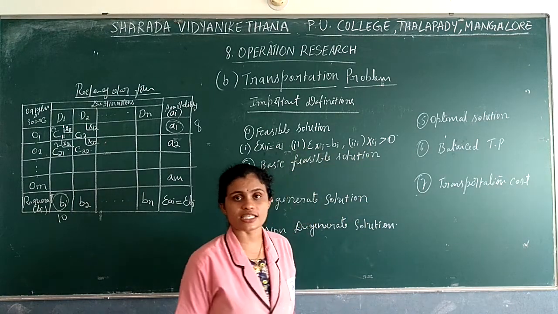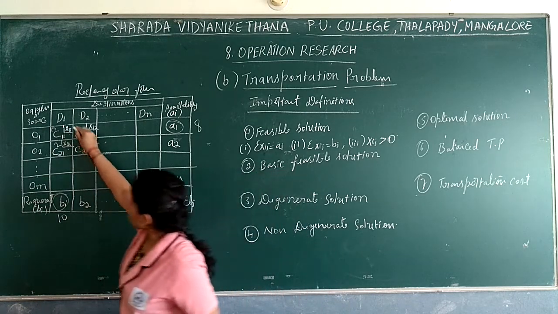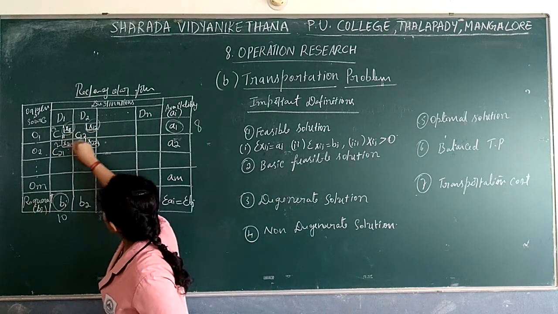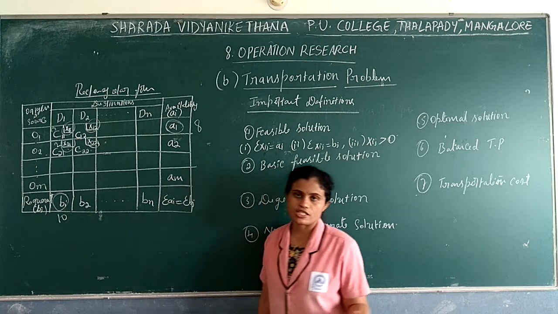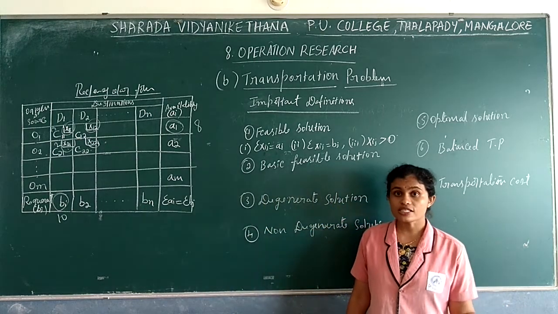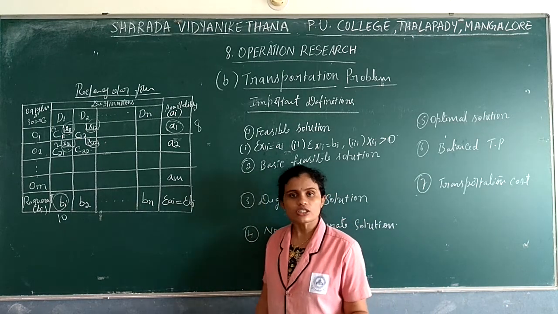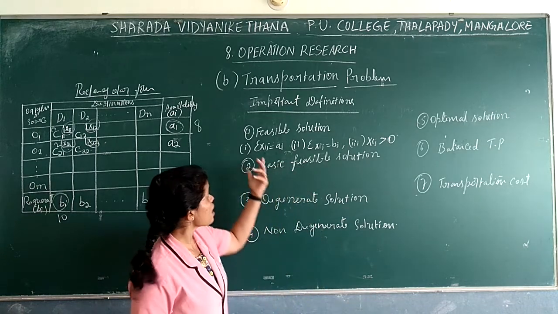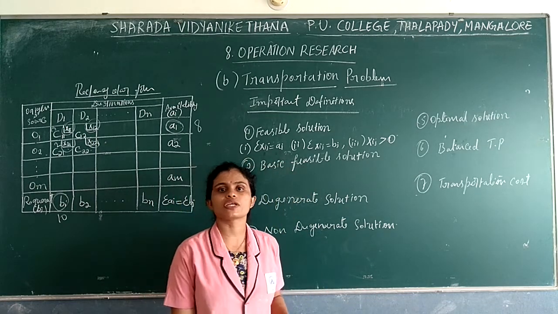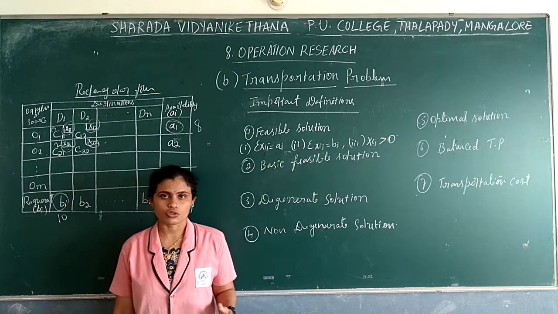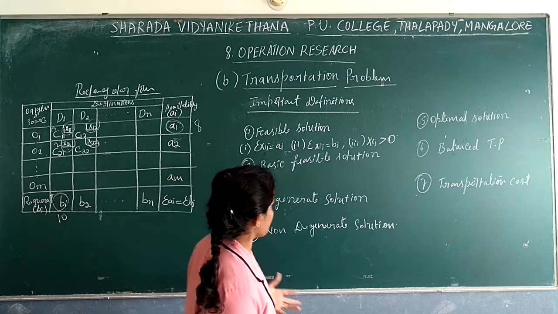Then the third condition is xij. What do we allocate here? It should be more than 0. If it is more than 0, then only we can say that it is a feasible solution. Otherwise, we cannot conclude that the given solution is a feasible solution.